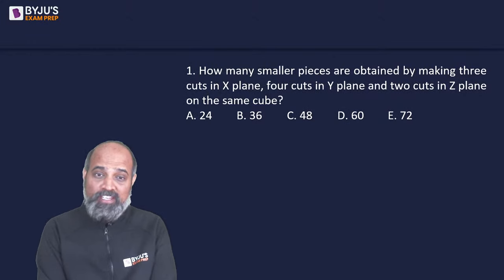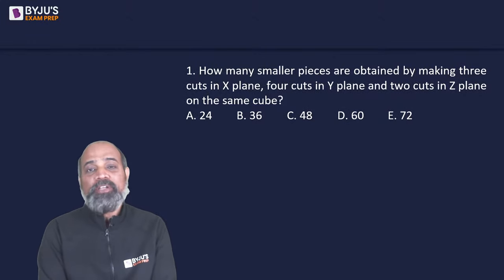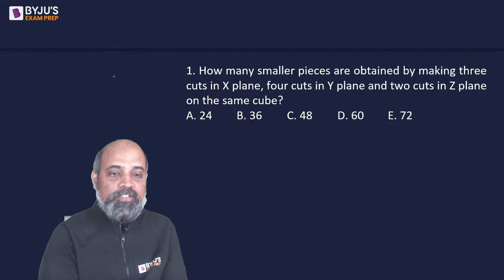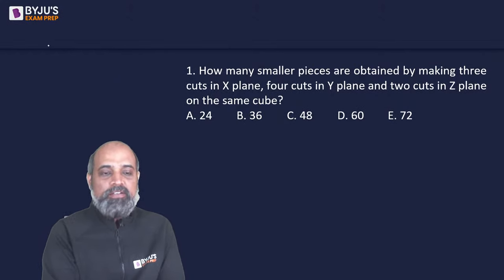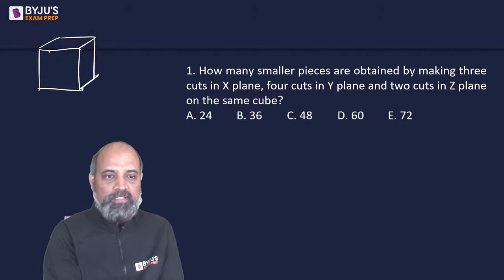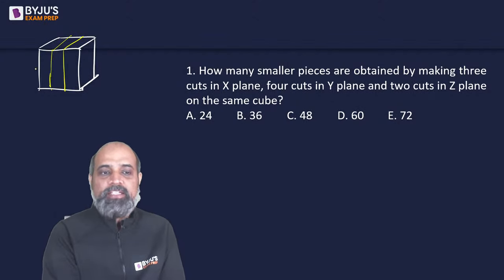So the first question is, how many smaller pieces are obtained by making 3 cuts in X plane, 4 cuts in Y plane, and 2 cuts in Z plane on the same cube? So, if you have a cube and if you, let's say, make 2 cuts, then you get 3 pieces, right?